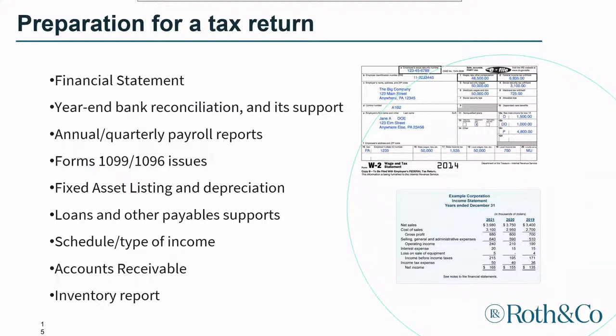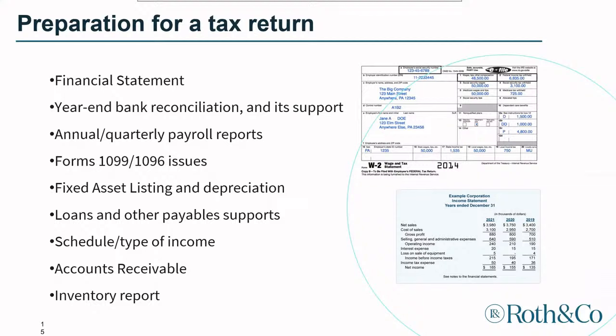We also have a list of documents that we will need when we start the preparation for the tax return. Number one is the financial statement. And normally the financial statement should already have been adjusted and all the entries made for the year-end adjustments.